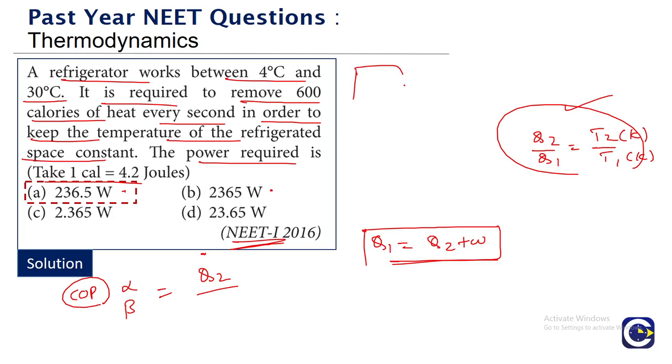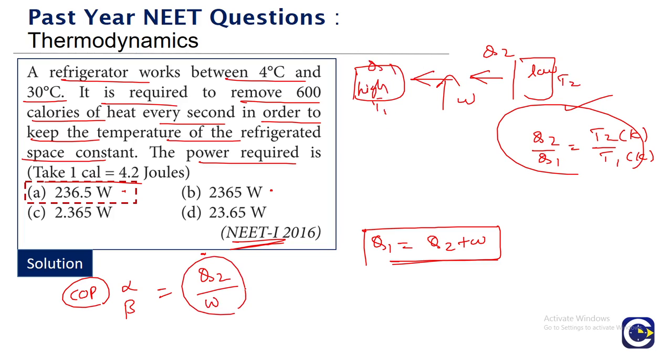So what is the interesting point about the refrigerator? We are interested in deriving this Q2 from the low temperature. Okay, and Q1 will be the heat that is given to the high temperature. So Q2 divided by W. So the amount of the heat that is derived from the low temperature reservoir per unit work done by the refrigerator engine, right, that is what we will measure as the coefficient of performance.